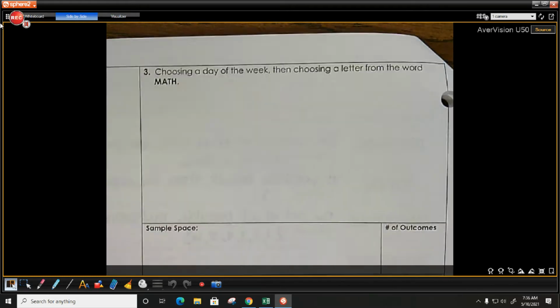Are we okay with doing our tree? We're doing one more. Okay? Choosing a day a week and then choosing a letter from the word math. Do we actually want to write out all the days of the week, or can we just do like 1, 2, 3, 4, 5, 6, 7? Because there's 7 days, right? Yeah. Okay.